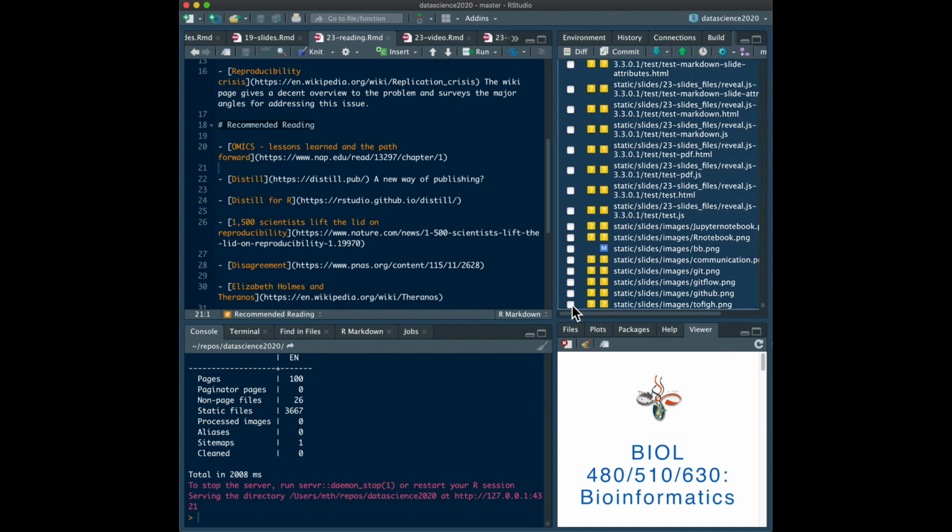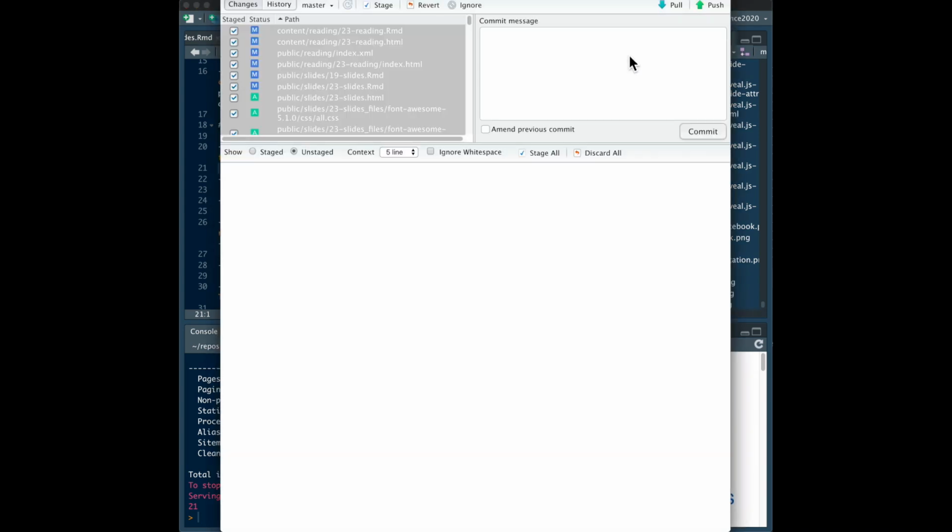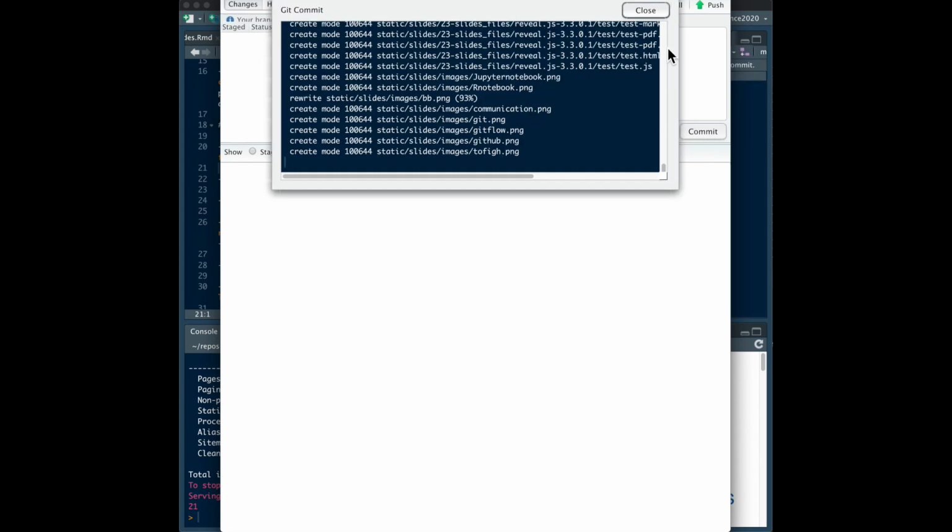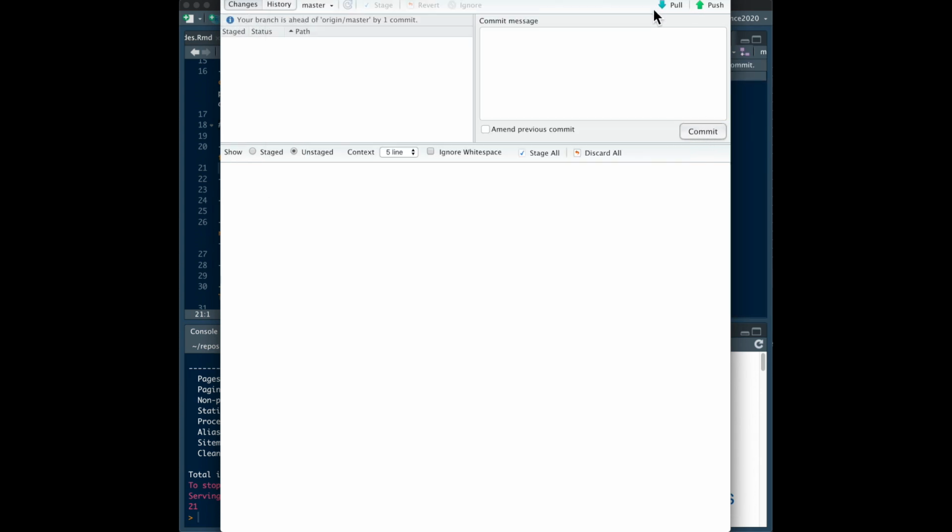So basically what I'm doing there is I'm saying I've made these changes, I commit to those changes, and if I hit this commit button locally on my machine, I'm going to write down here a message saying lecture 23 created. I save it, and now those changes are forever tracked by Git. So that's part of the history.